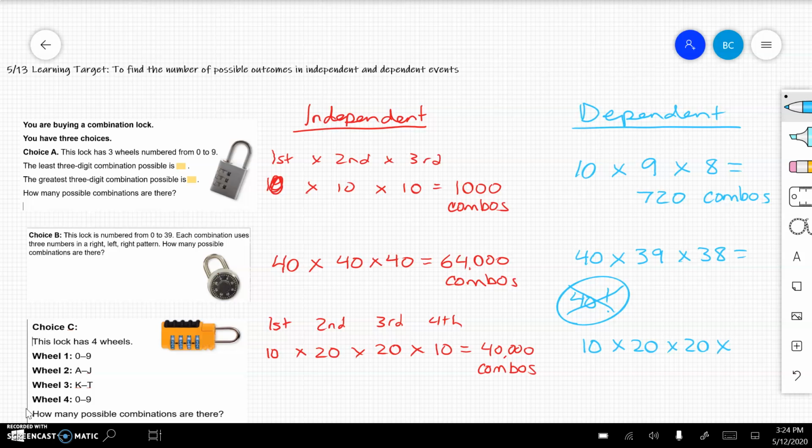But if I have no repeats, on wheel number 4, I'm using the same numbers as I did on wheel number 1, and I would have already used a number here, so this would change to 9. So you want to consider each situation individually in determining whether you are using the full number of choices or if one of your options is reduced because that possible outcome is dependent on what has already happened. So that's another quick look at determining possible outcomes.